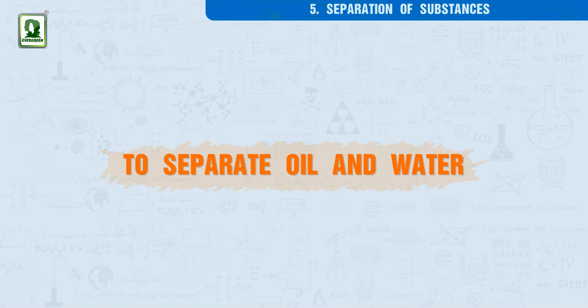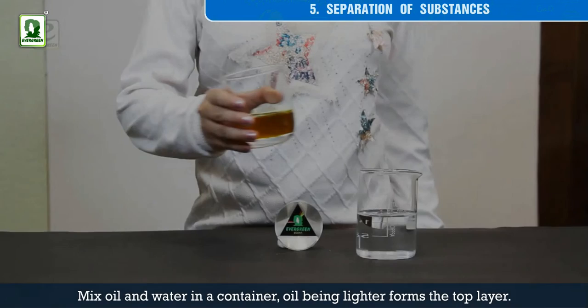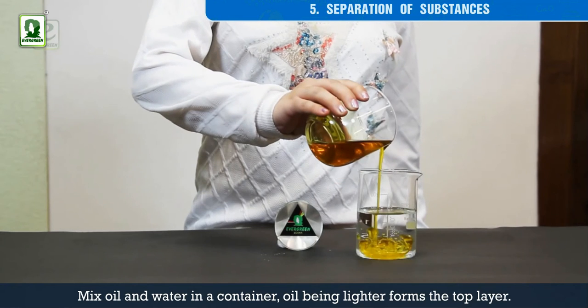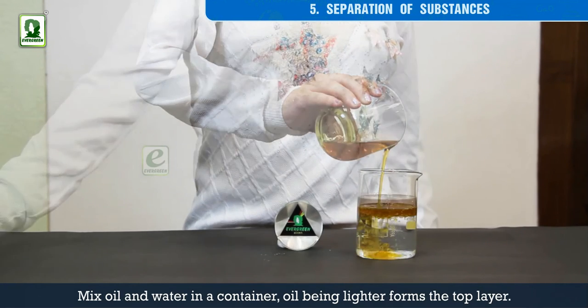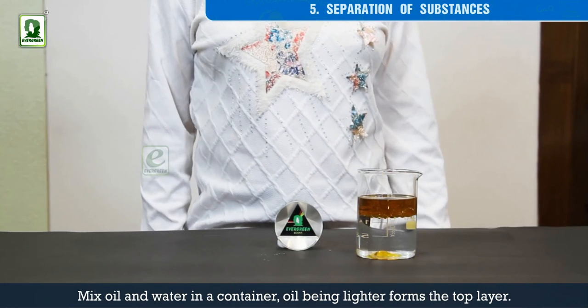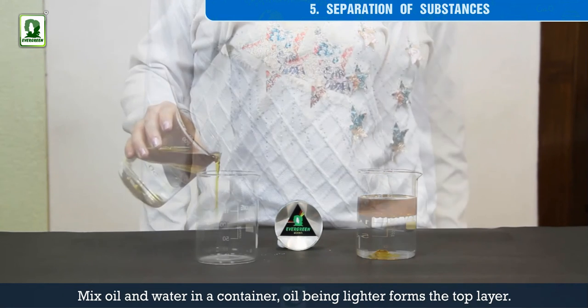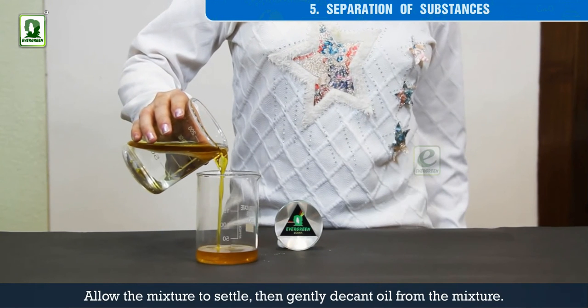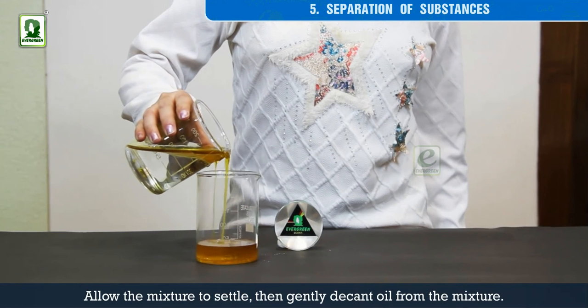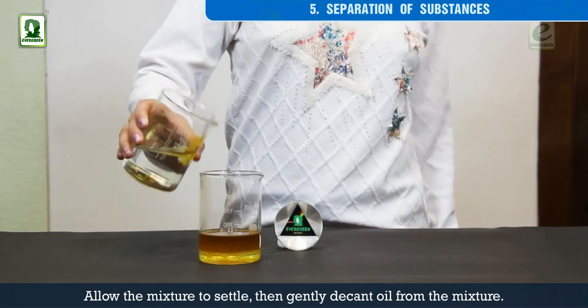To separate oil and water. Mix oil and water in a container. Oil, being lighter, forms the top layer. Allow the mixture to settle, then gently decant oil from the mixture.